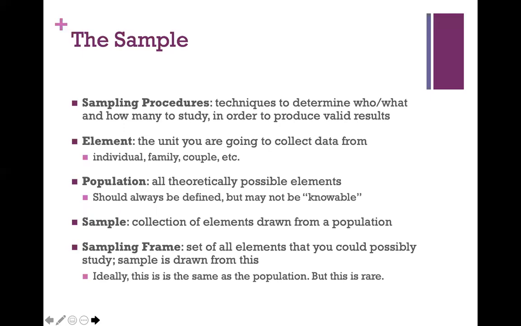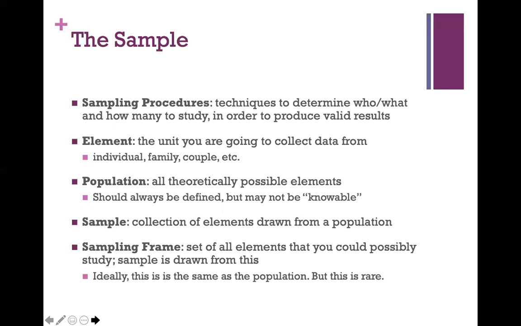So the population is all theoretically possible elements. So if we're studying couples, the population would be all theoretically possible couples that would qualify for our study. So we need to define the population that we're studying, but we might not actually know the whole population. I can say the population I'm studying are married, different gender couples of all races between the ages of 25 and 50.